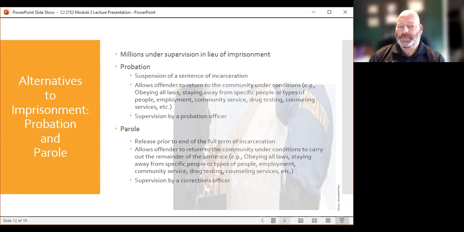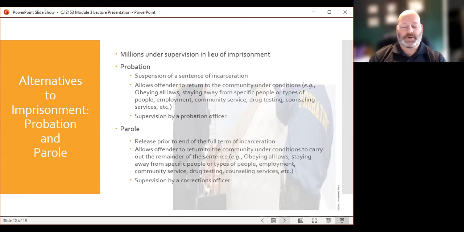Now, parole is a little bit different, similar but different. Parole is instituted when an offender actually goes to prison or is incarcerated for an amount of time. But parole is this release prior to the expiration of the full term of incarceration.